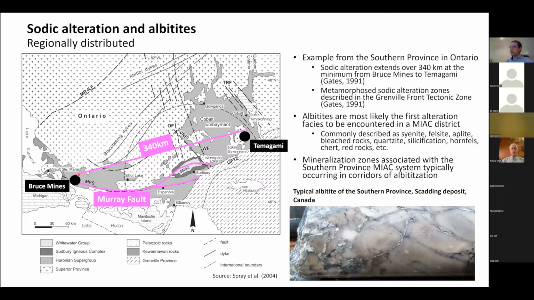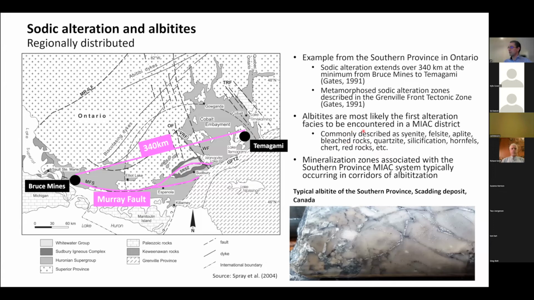They'll generally be formed along all the major discontinuities of the geological provinces, in zones of extremely strong alteration, resulting in the formation of albitite. This is an example from the southern province, where sodic alteration is known for at least 340 kilometers from Bruce Mine to Temagami at least, and potentially extending more.